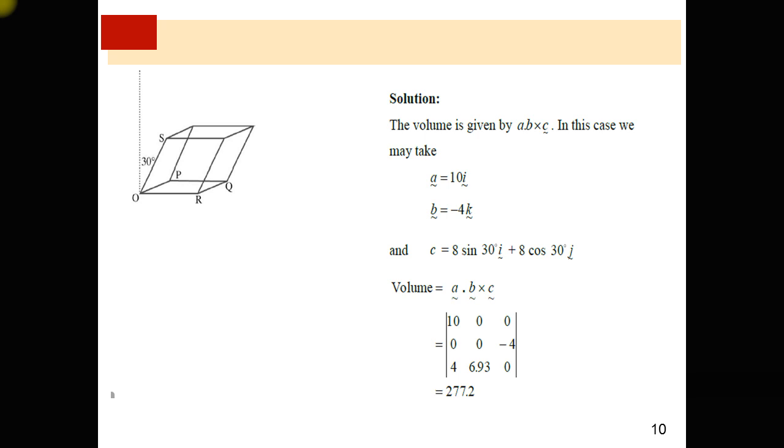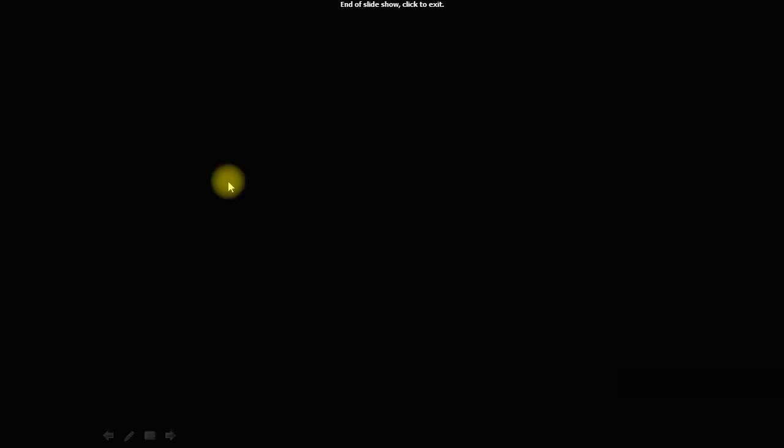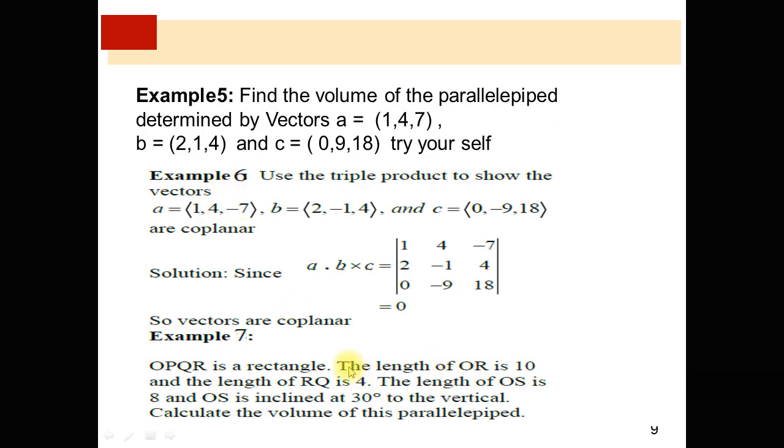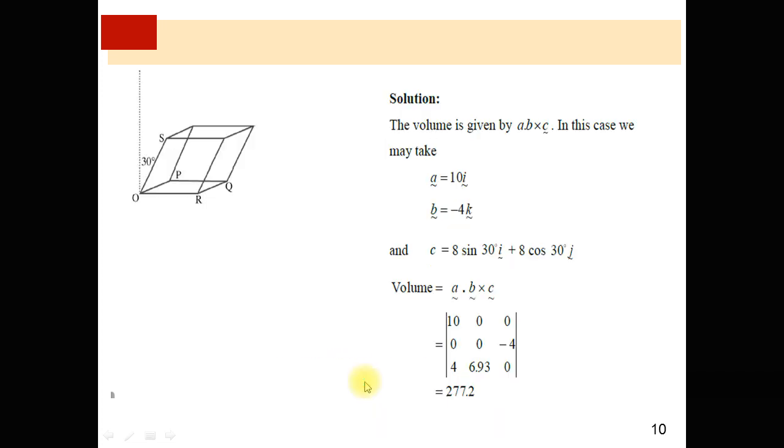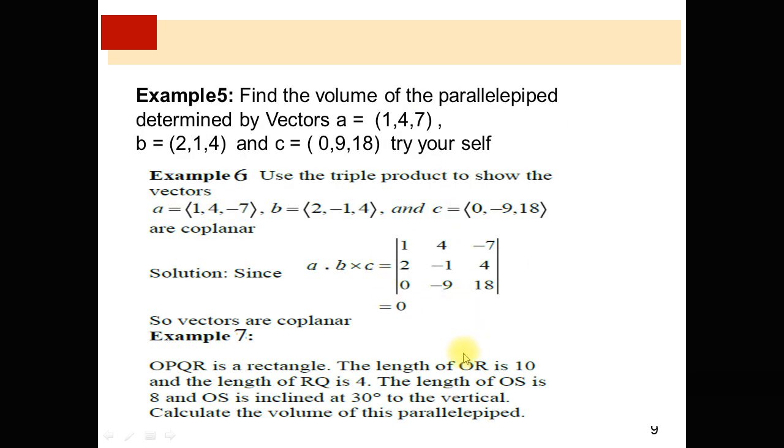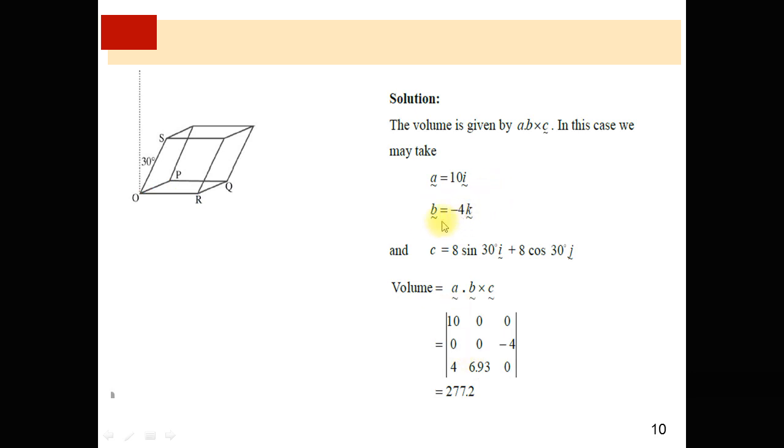OR is vector A whose component is 10i, RQ is vector B whose component is minus 4k, and the component of OS is equal to 8 sin 30 i plus 8 cos 30 j. So this is vector C.